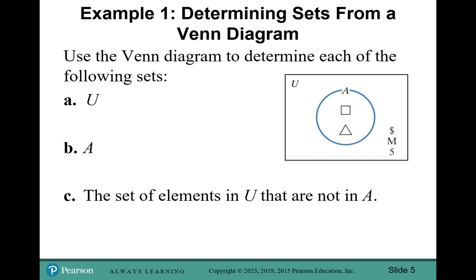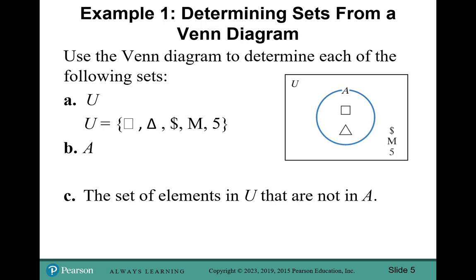So how would we write this? The way we would write this is we would include all the individual elements: the square and the triangle, the $ sign, the M, and the 5. We would not include the set A because the set A is already included by including the elements, the square and the triangle.